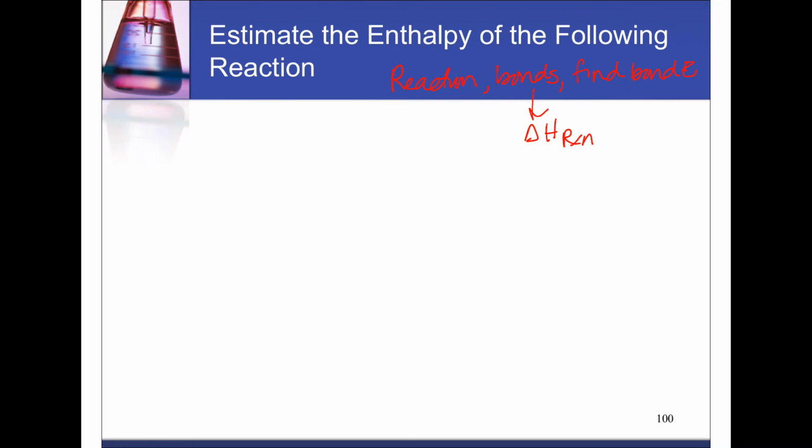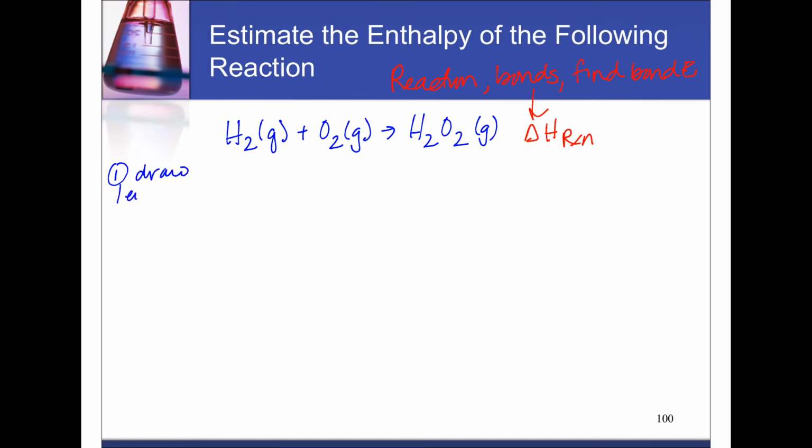The example that I want to do is hydrogen gas plus oxygen gas going to make hydrogen peroxide gas. And the first thing that we need to do is draw Lewis structures for each of the products and reactants.